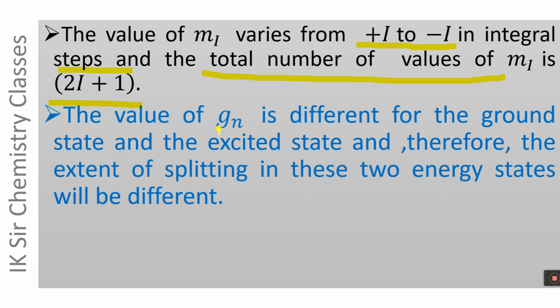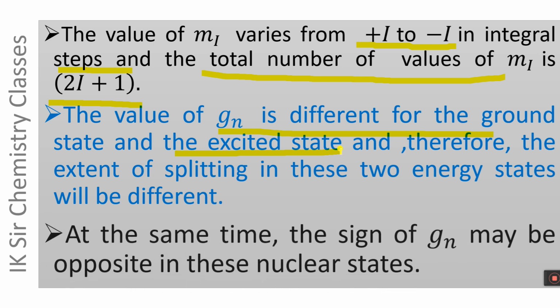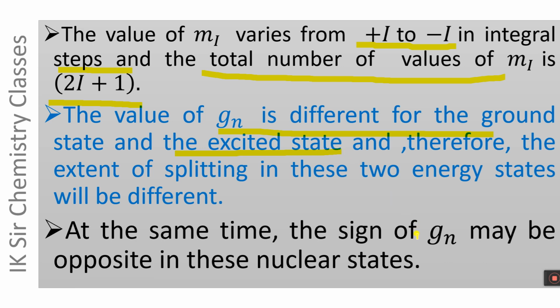The value of gn, the nuclear splitting factor, is different for the ground state and for the excited state, and therefore the extent of splitting in these two energy states will be different. At the same time, the sign of gn may be opposite in these two nuclear energy states.